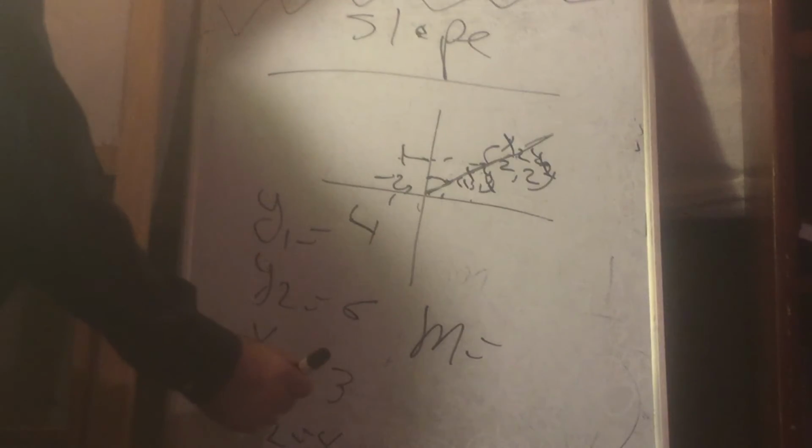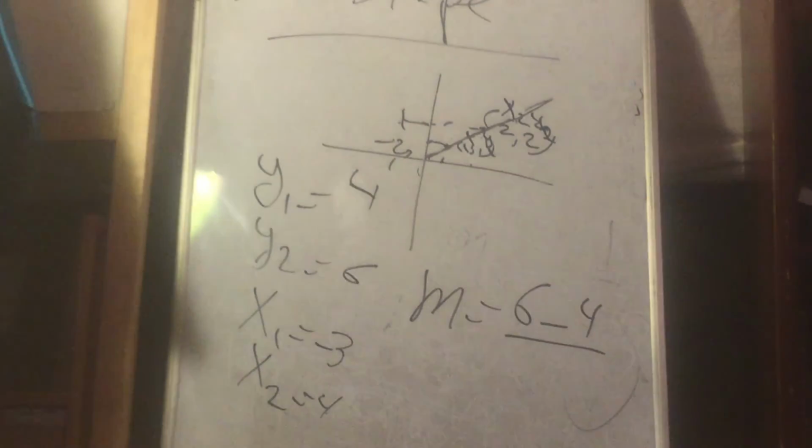Well, actually, I want to do one thing negative to show you. How about x1 is negative 3? Okay, so m is y2 is 6 minus y1 is 4, right?